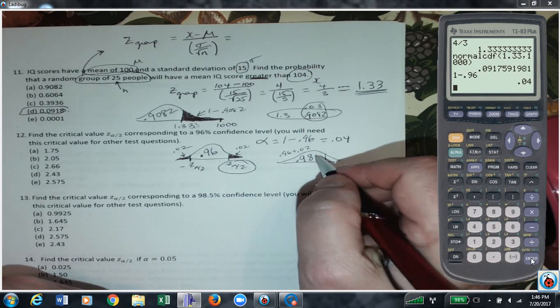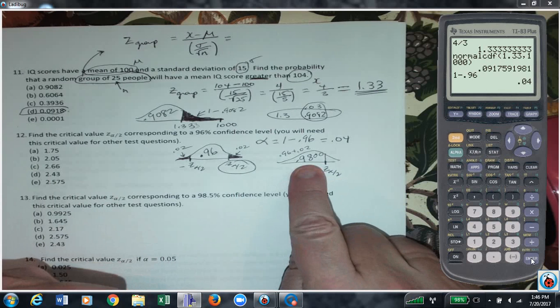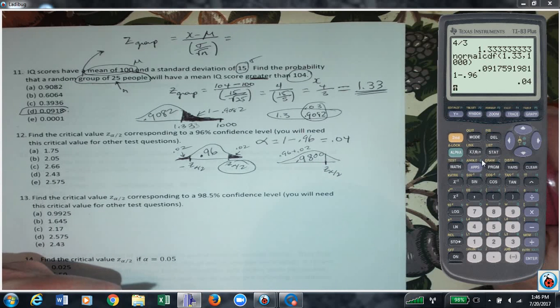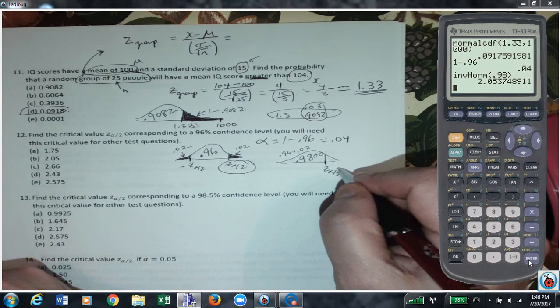So I can take it to 4 places and look it up in the chart, or now that I have the total left area here, I can ask my calculator. So second vars, and tell it I need a total left area there of 0.9800, or just 0.98, same thing. So I get 2.05.